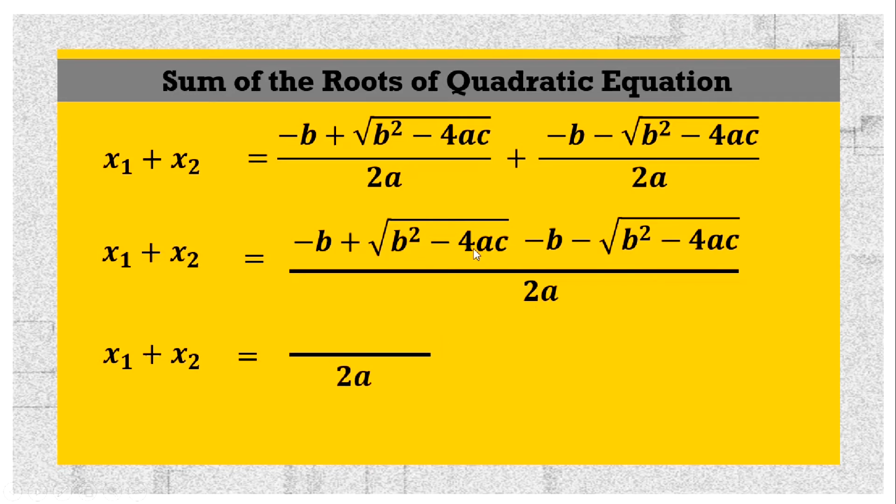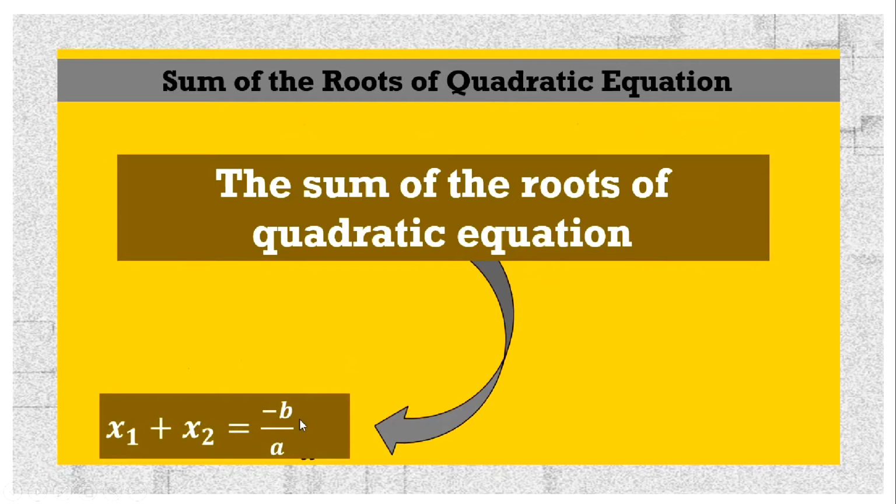Then for our numerator, makakancel out si positive square root of b squared minus 4ac and negative square root of b squared minus 4ac. We will now be having negative b minus b is negative 2b. Then simplifying, x sub 1 plus x sub 2 is simply equal to, makakancel natin yung 2 dito, we have negative b over a. So negative b over a is the sum of the roots of quadratic equation.